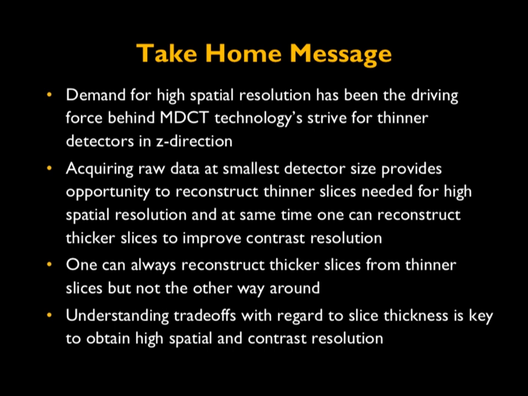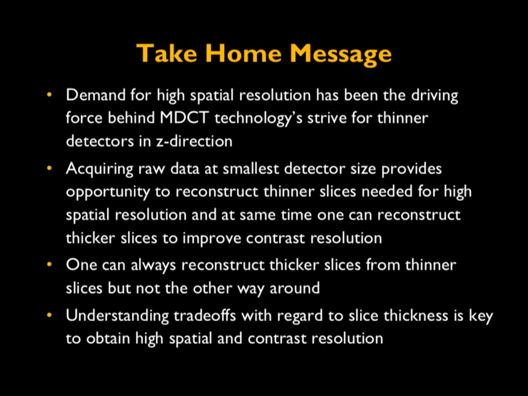Demand for high spatial resolution has been the driving force behind multi-detector CT technologies striving for thinner detectors in the z direction. Therefore, the rule of thumb is that acquiring raw data at the smallest detector size provides an opportunity to reconstruct thinner slices needed for high spatial resolution, but at the same time, one can reconstruct thicker slices to improve the contrast resolution.